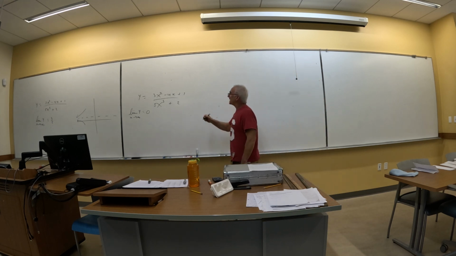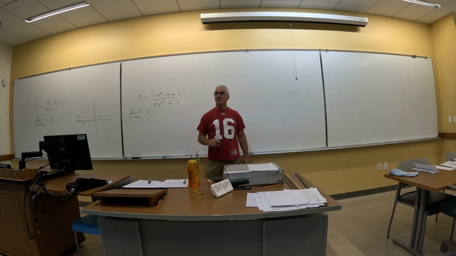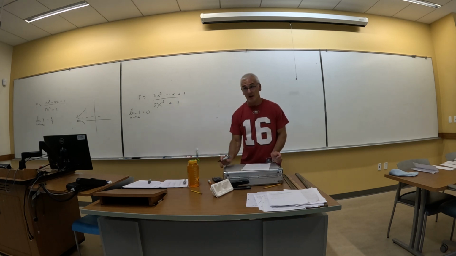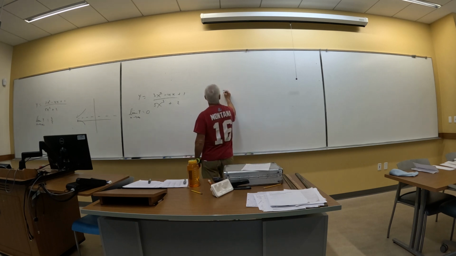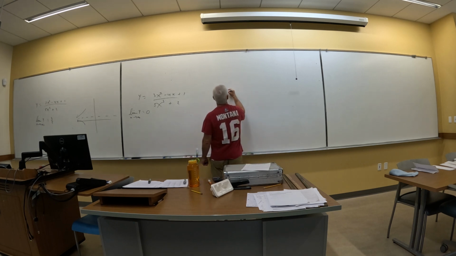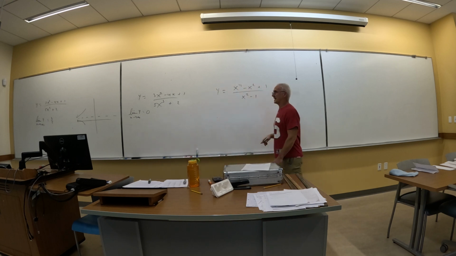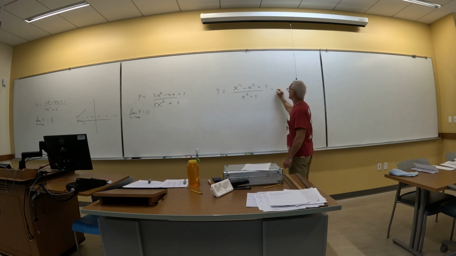Now, what if the numerator has a higher degree than the denominator? Can I still have asymptotic behavior? Yes, we did this before. And this was the one we did. I've shown you this one. Remember, we had all sorts of weird stuff, but when we did the long division, we got this.